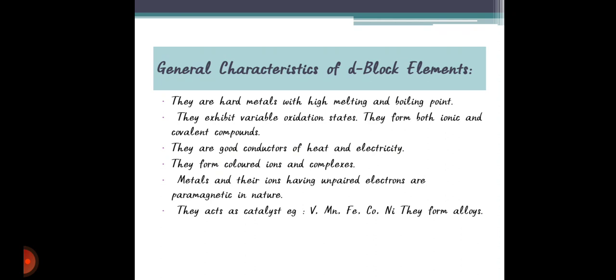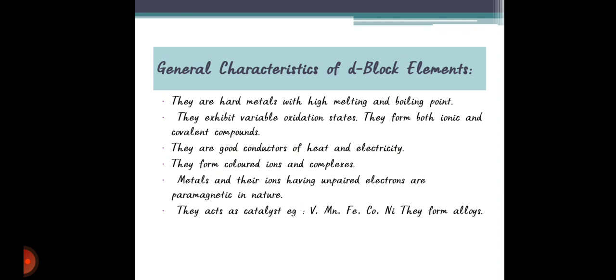Group 12 elements, zinc, cadmium and mercury, are not considered transition elements, though they are d block elements, because a transition element is defined as an element which possesses at least one unpaired electron in its free state or one of its stable oxidation states.